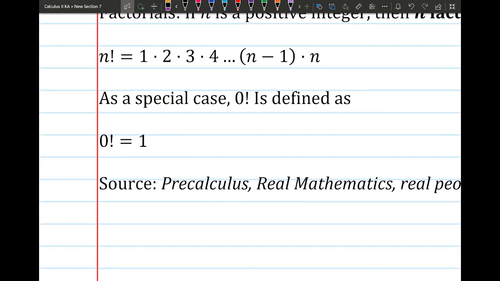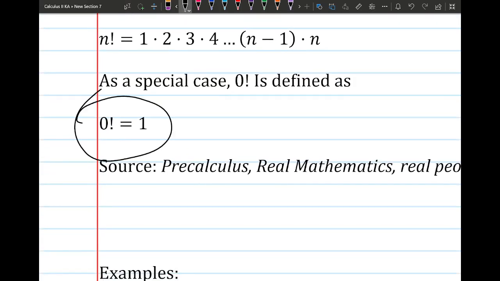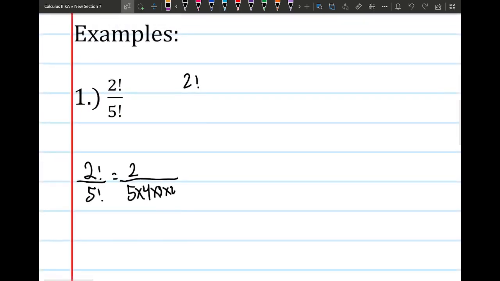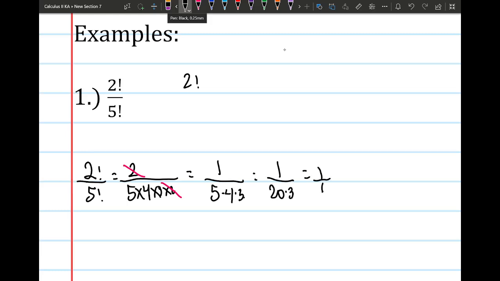That is one of the things we have to keep in mind. So here we're going to end up with 2 over 5 times 4 times 3 times 2. These cancel out, and we're left with 1 over 5 times 4 times 3, which is 1 over 20 times 3, which would be 1 over 60.